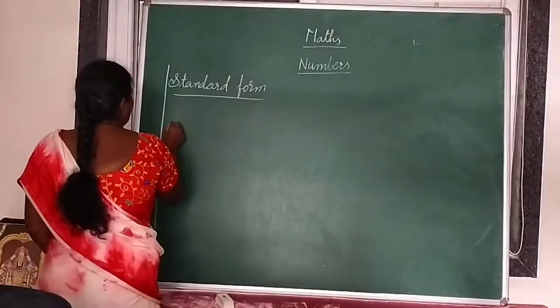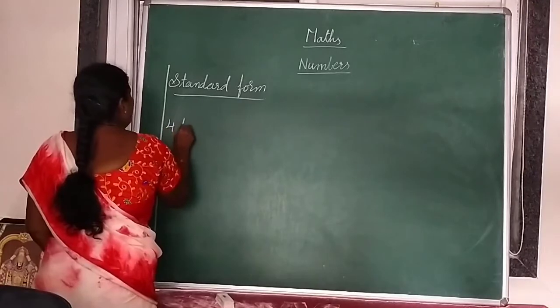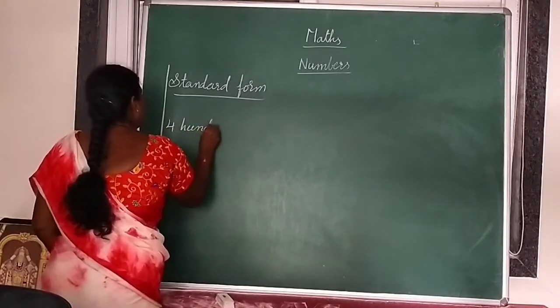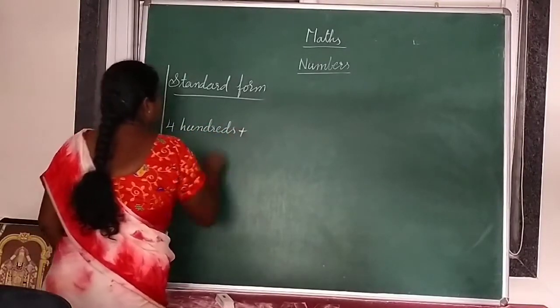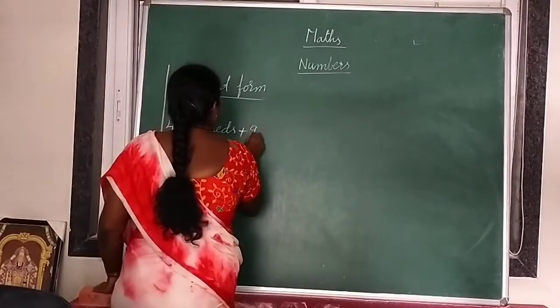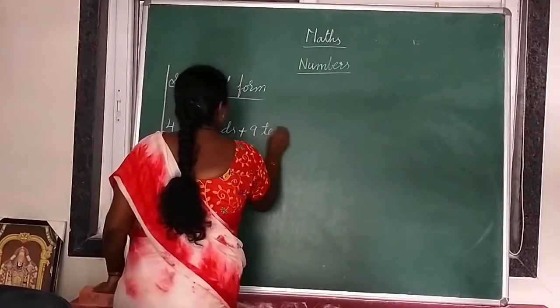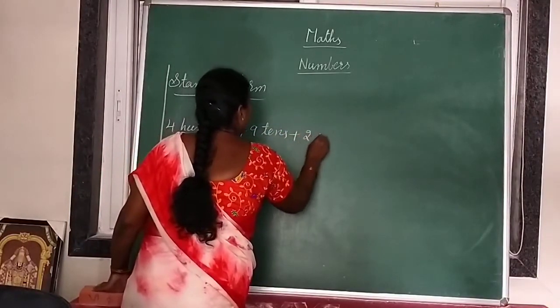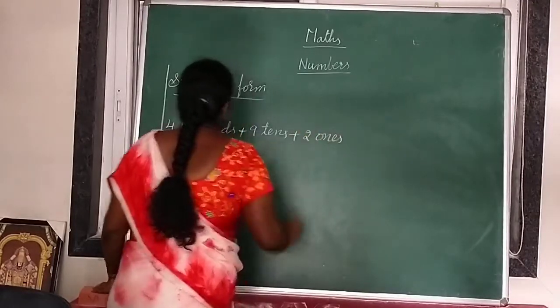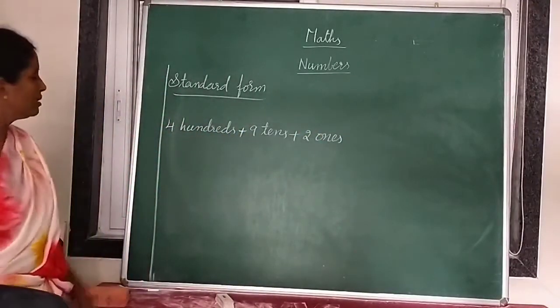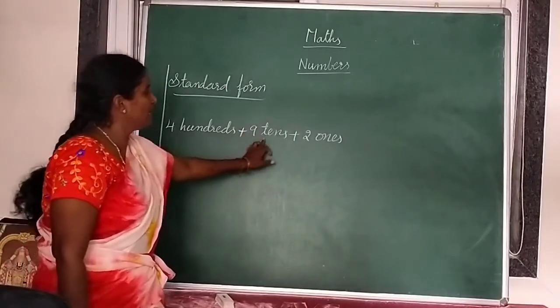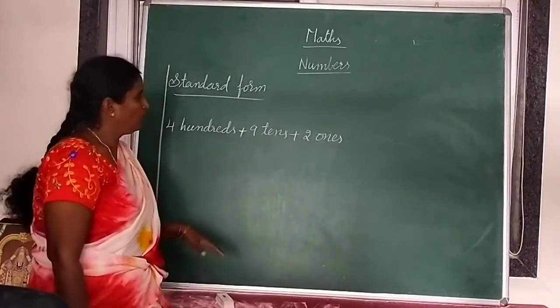So for example, 400 plus 9 tens plus 2 ones. 9 tens plus 2 ones. So 400 plus 9 tens plus 2 ones.